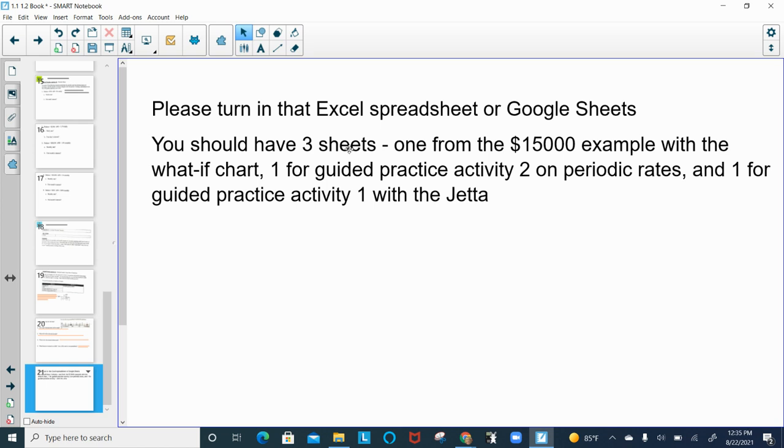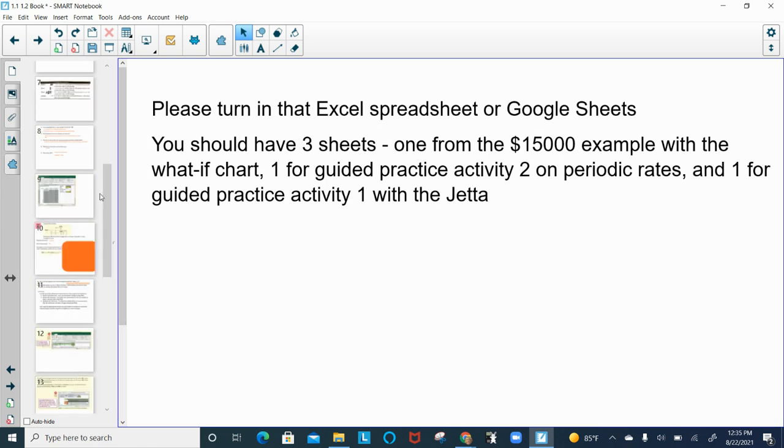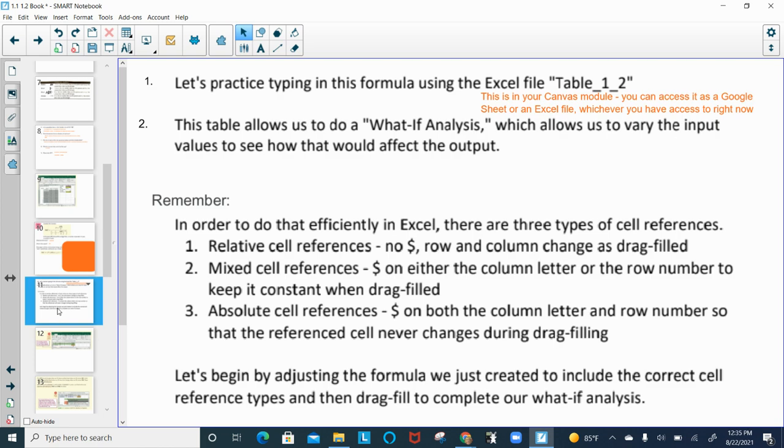You should have 3 tabs down at the bottom of your Excel spreadsheet. You should have one from the next example that we're going to do, one for guided practice activity 2, which is coming up, and one for guided practice activity 1, and that's going to be with a car. So again, I'm going to stop this video.